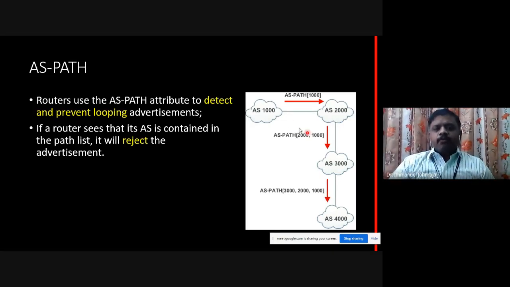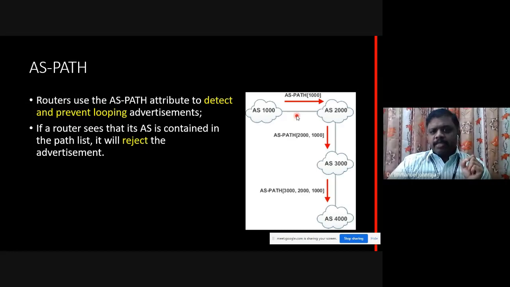So you have got 4 autonomous systems on the screen in the topology connected together in a serialized way. Autonomous system 1000, AS1000, is connected to AS2000. In turn, it is connected to AS3000 and then it is connected to AS4000. So there is no mesh connectivity. It is a serial connectivity. All right. So when AS1000 sends the route advertisement to AS2000, this is called distribution of route.